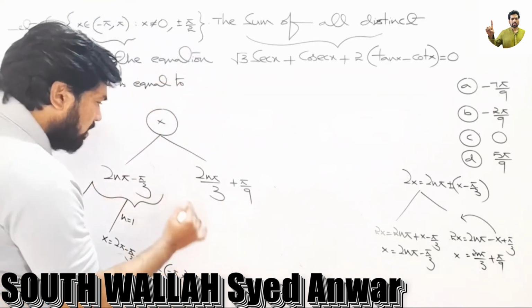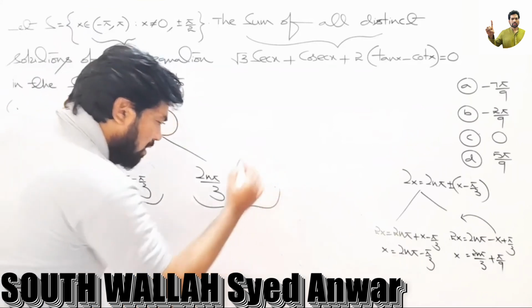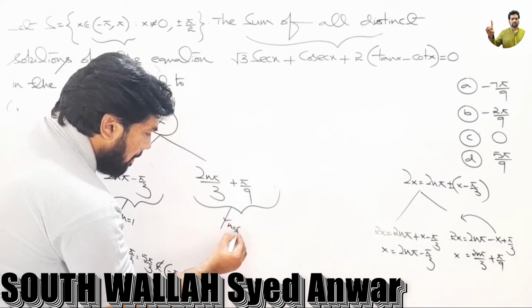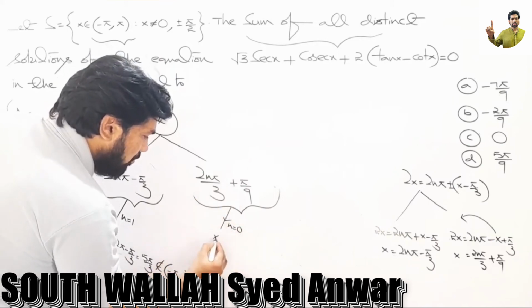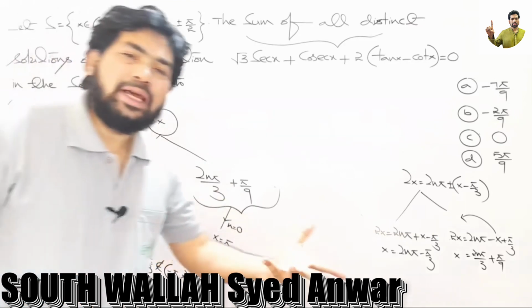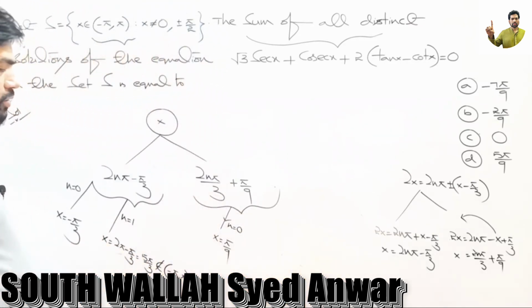Now first put n is equal to 0 here. Then x value is pi by 9. So pi by 9 is nothing but 20 degree. So 20 degree is clearly lying in this interval.